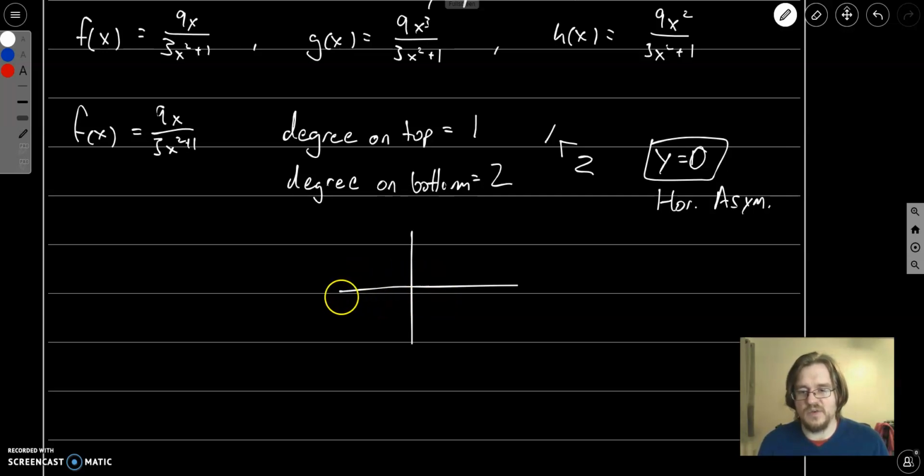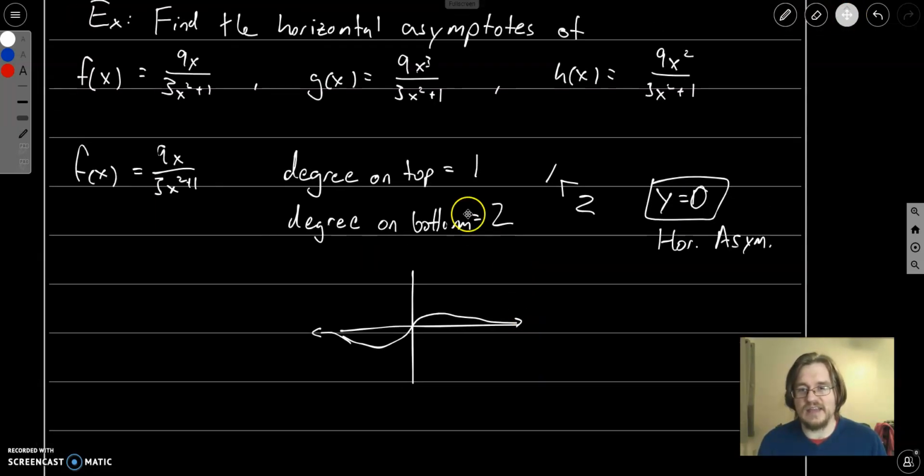Our function will look something like this, where if we go pretty far to the right, we're getting closer and closer to 0. If we go farther to the left, we get closer and closer to 0. Right in the middle, we sort of bounce down, come up, and then come back down. So there's a little bit of a wave in the middle, but for the most part, it's just going to be flat to the left and to the right.